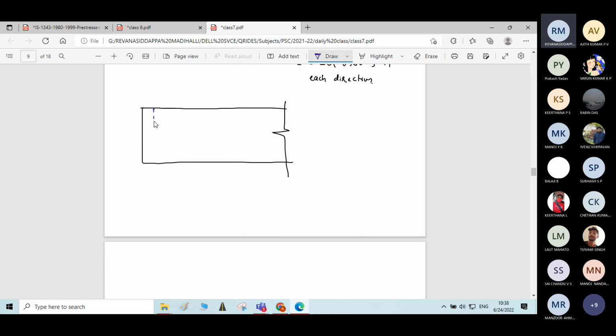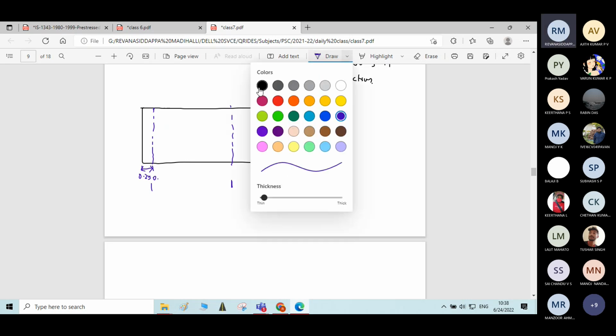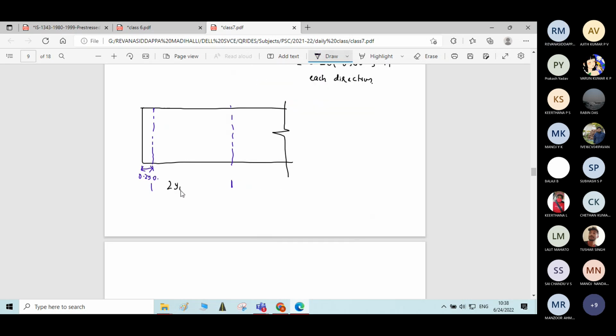Leave some cover here. So this is the prism area or area of the end block. That is 2 y naught.